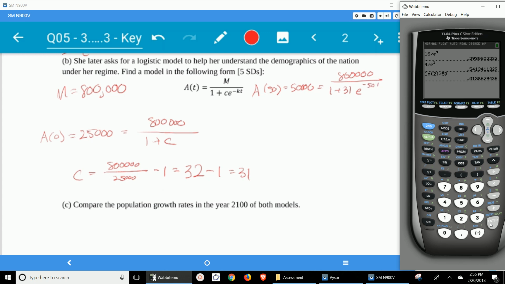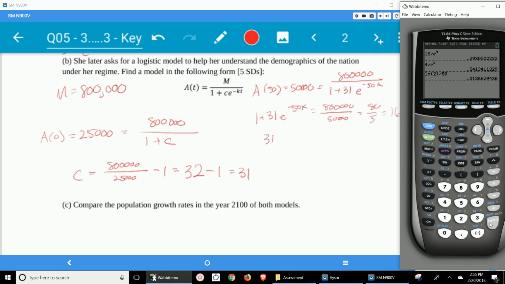So now we need to find that k. So I'm going to multiply by that and divide by that. So I get 1 plus 31 e to the negative 50k is 800,000 divided by 50,000, which is 800 divided by 50, which is 80 over 5, which is 160 over 10, which is 16.